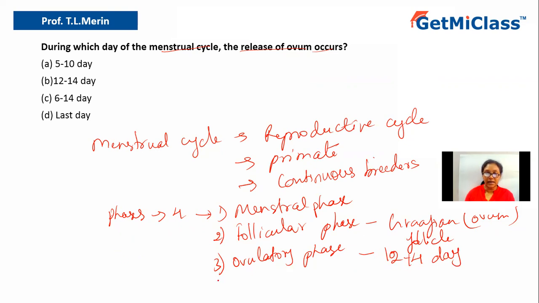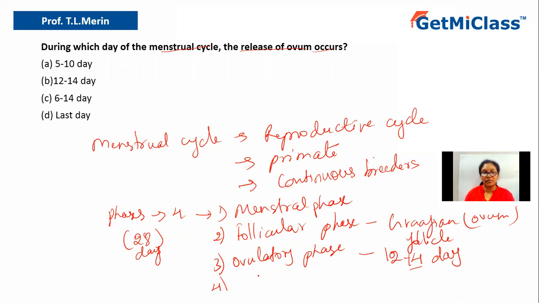If you see the entire cycle, all four phases take approximately 28 days on average. So in the middle of this cycle is when the ovulatory phase occurs. The middle of 28 is 14. So between the 12th day and the 14th day, the ovulatory phase occurs, or release of the ovum occurs.